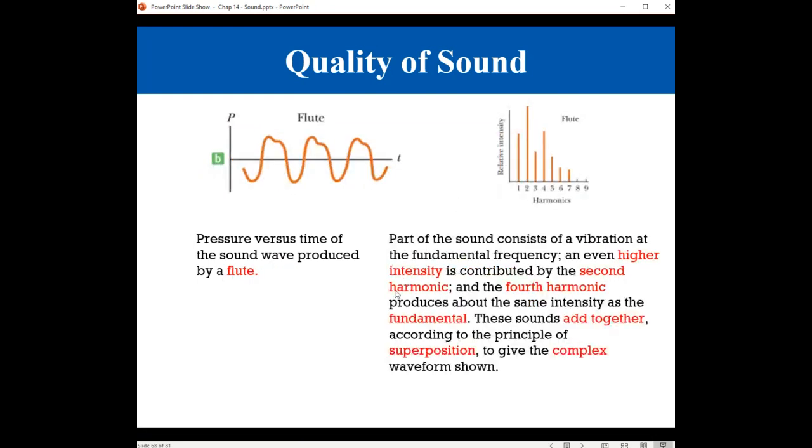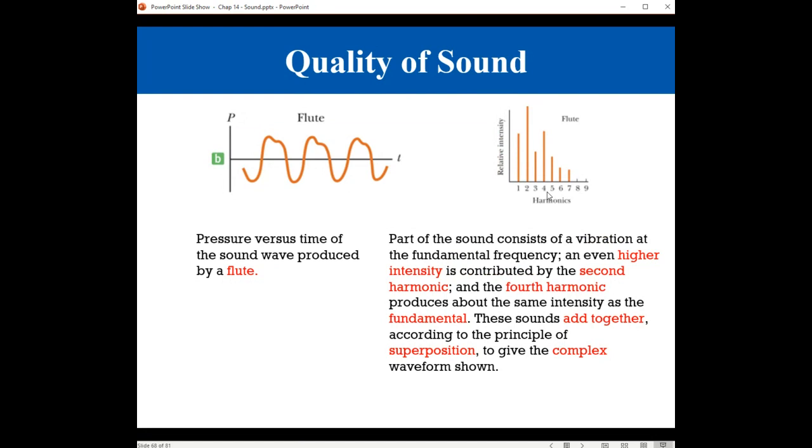And if you consider a flute, same frequency, but as produced by a flute, not by a tuning fork, you will have a complex pattern like this. If you analyze this pattern, you will note the relative intensities: this is the first harmonic, this is the second harmonic, the third harmonic, the fourth harmonic, the fifth, the sixth, the seventh, etc. You will see that the second harmonic has the highest intensity.